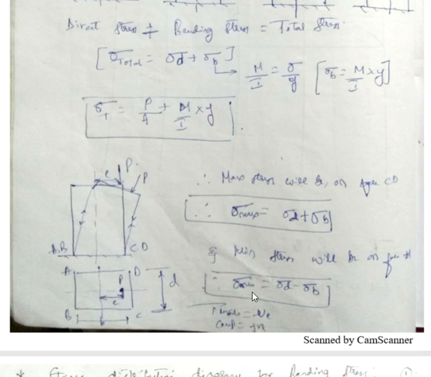Now why should we take tensile stress as negative? Whenever a column is bending, tensile stress is always unnecessary stress. Again I repeat, tensile stress is unnecessary because columns are designed to take compressive stress. They are not designed to take tensile stress.